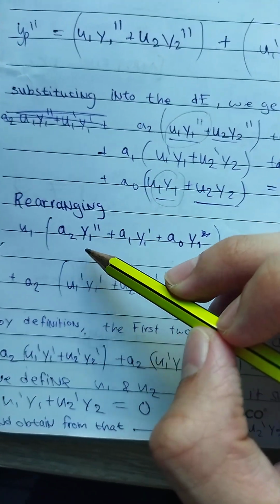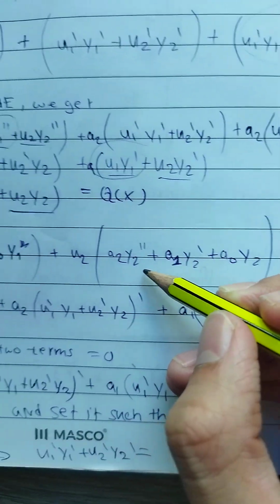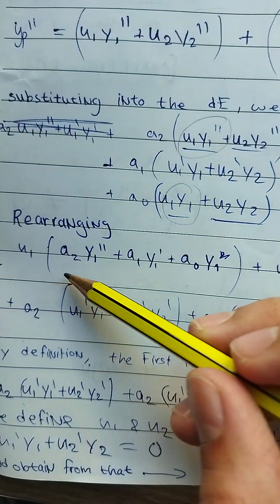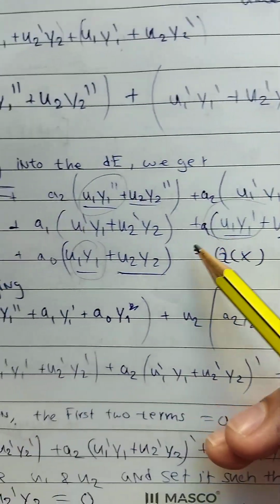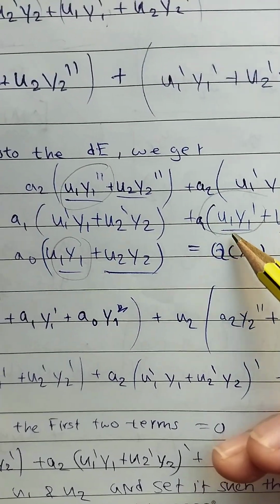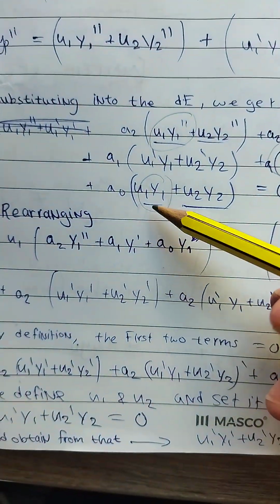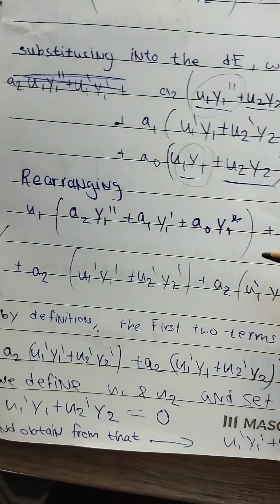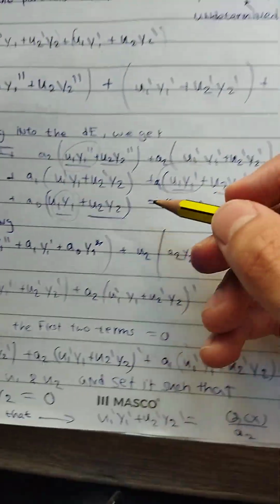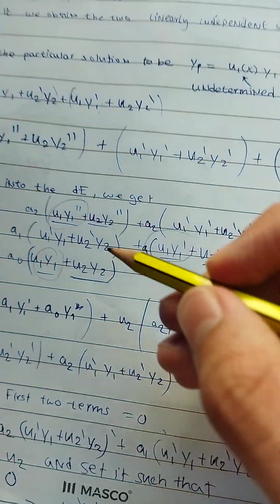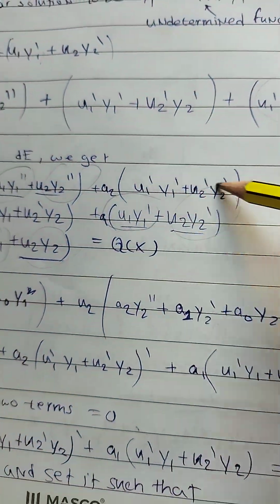So we get u1 of a2 y1 double prime plus a1 y1 prime plus a0 y1. We do the same for the u2 terms, which are this term, this term, and this term.